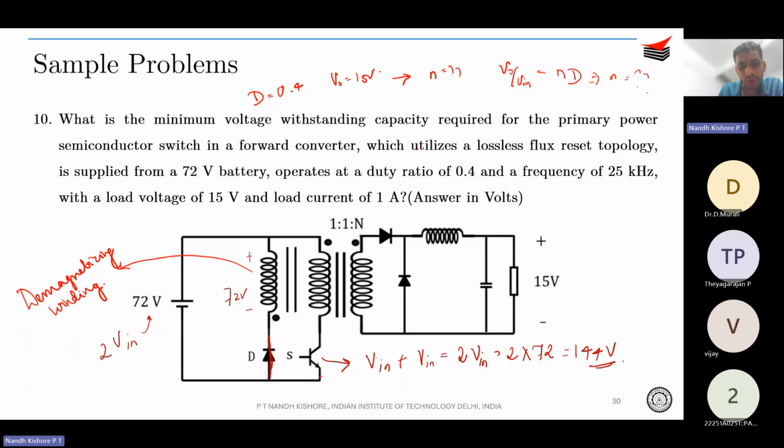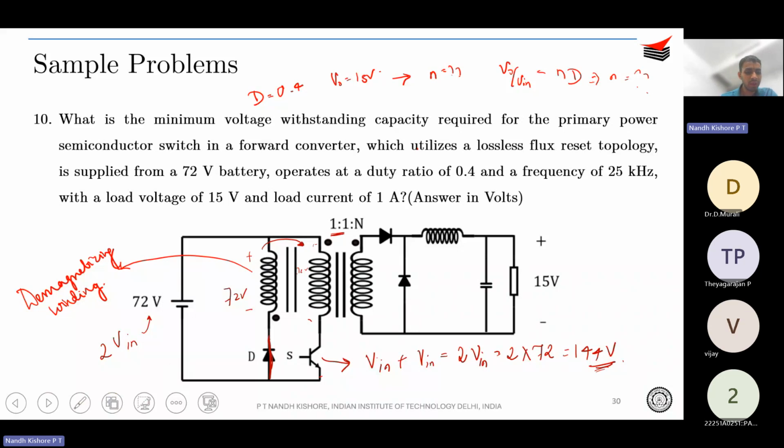This diode will be on obviously when the switch is off, correct? So across the primary, this voltage gets reflected. Since the turns ratio is 1:1, directly 72 volts is again going to appear across this. Therefore, the total voltage will be 72 and again 72 volts over here. Therefore, 144. Okay. So is this clear how it is 144 volts?